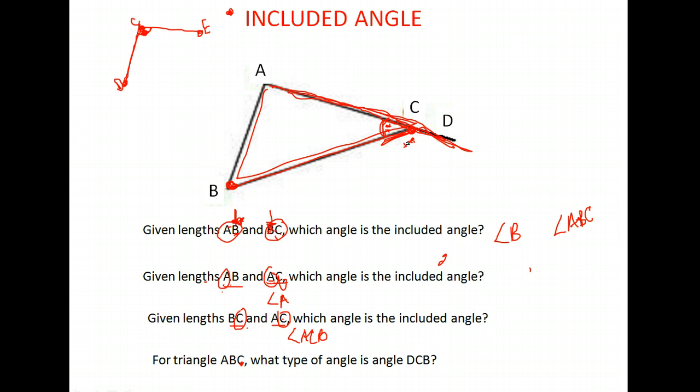That's what angle DCB is. It's in the exterior. Remember, that was called an exterior angle. So just a kind of review there. For this triangle, angle DCB, the angle located right here, is an exterior angle.